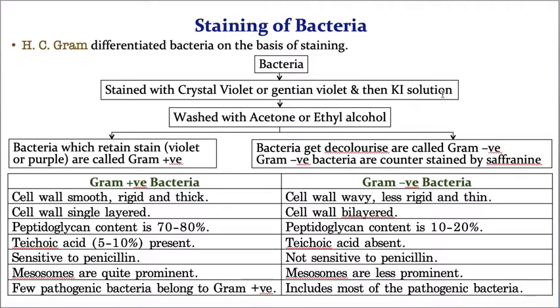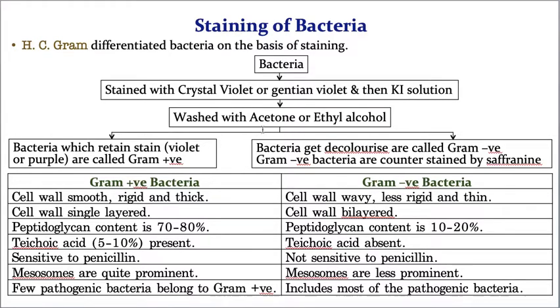Again I'm telling you, take some bacteria, stain them with crystal violet followed by KI solution, and after you add crystal violet and KI solution, keep it for, let us take, 5 minutes, and after 5 minutes you wash that bacteria either using acetone or ethyl alcohol, whichever is available. Either you wash with acetone or with ethyl alcohol.